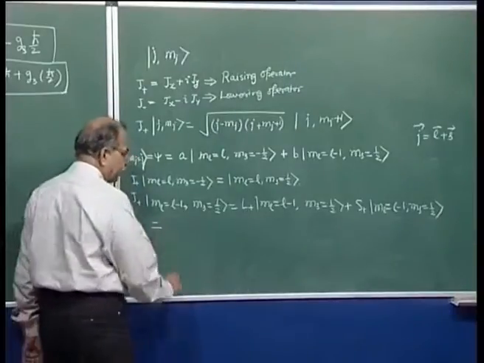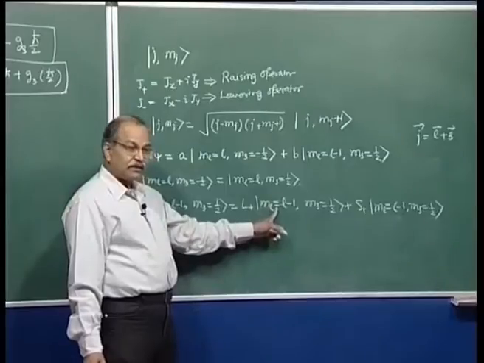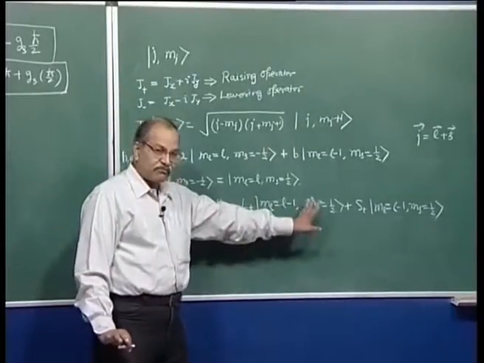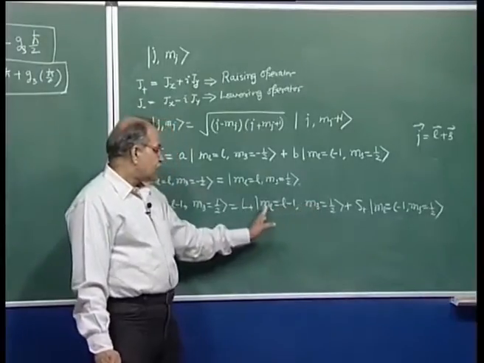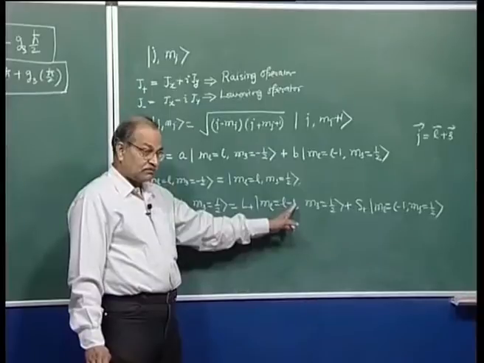Here L plus will operate on this ML, the space part, not the spin part. Spin part will remain unaffected, and here ML is L minus 1.